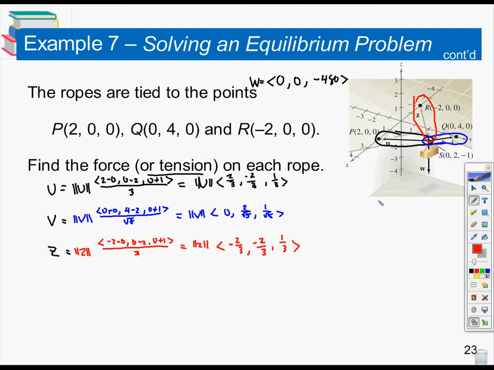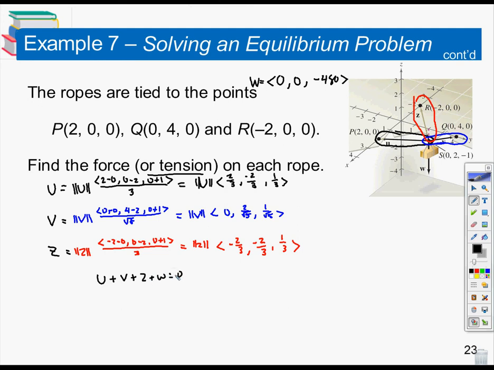Right, so somehow, I'm going to change back to black again. Somehow u plus v plus z equals, in order for this entire system to be in equilibrium, plus W, sorry.